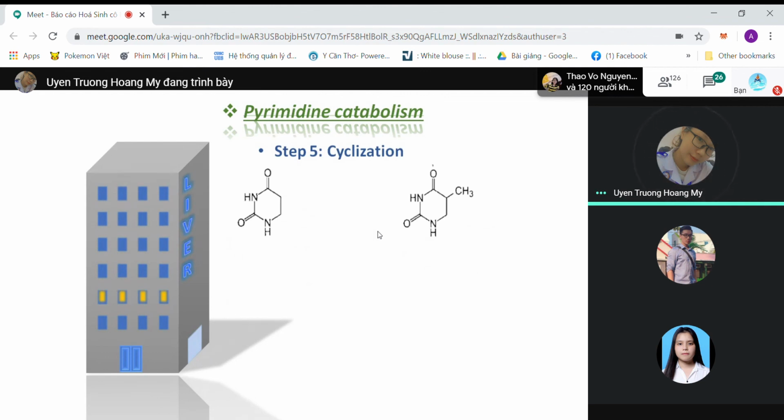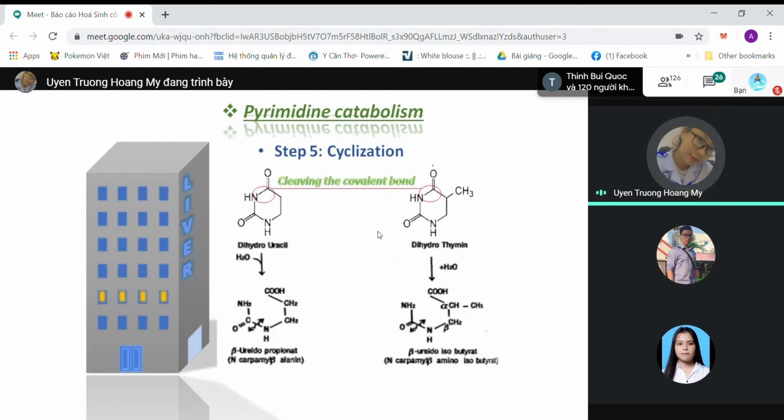Cyclization. Dihydrouracil and dihydrothymine are converted into beta-ureidopropionate and beta-ureidoisobutyrate by the enzyme dihydropyrimidinase. In this reaction, the cyclic molecule is opened by cleaving the covalent bond at a particular place.